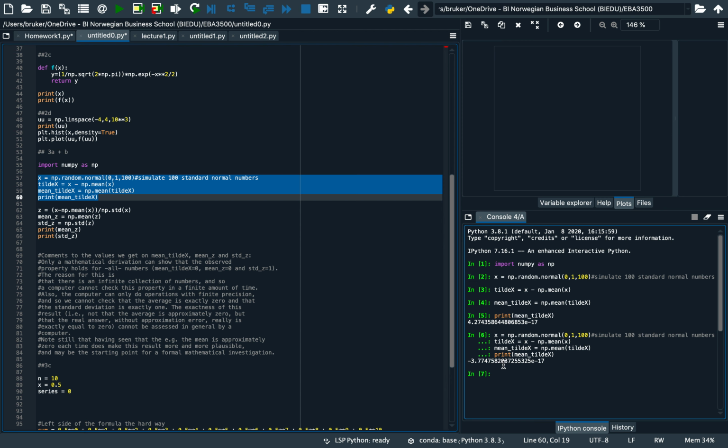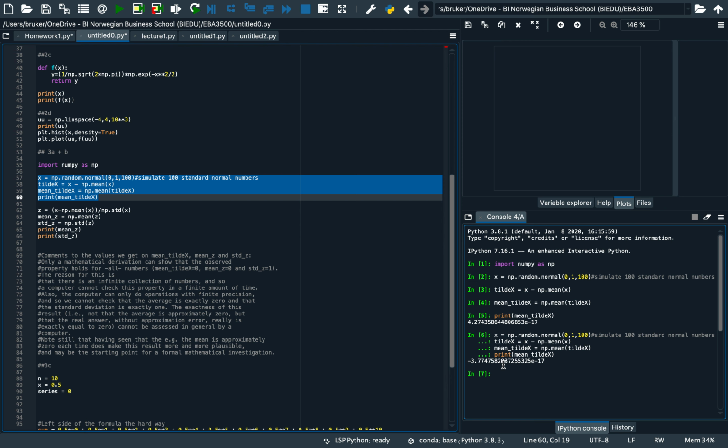It's not exactly the same number as last time, but it's almost the same, and it should actually be the same if the machine could calculate totally correct. Because we can mathematically show that the mean of tilde x always will be 0.